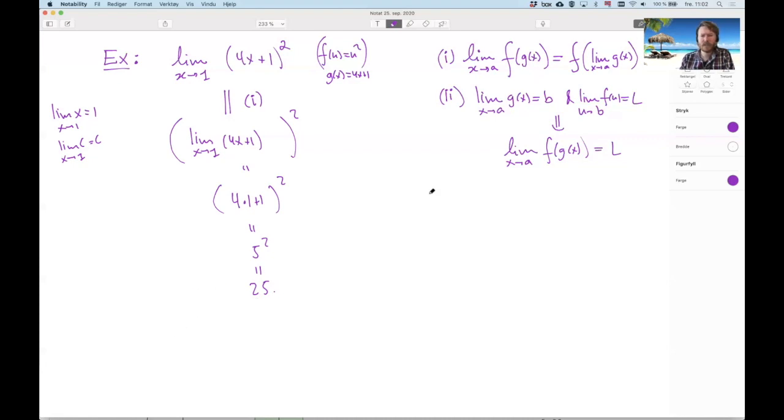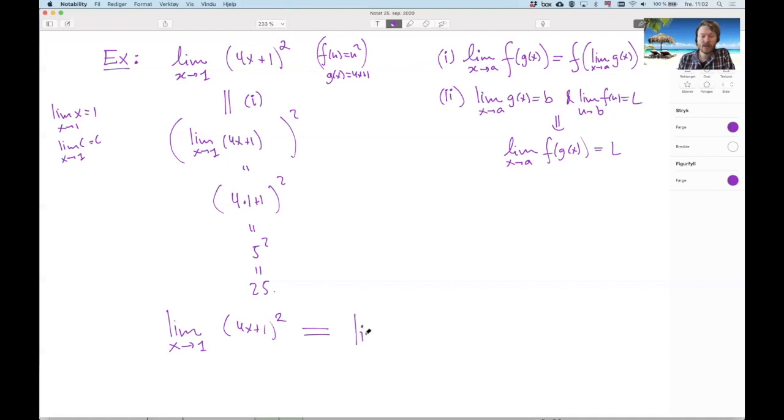What would another way be? Well, let's try to use this thing here. So we're still trying to compute the limit as x tends towards 1 of 4x plus 1, squared. But now we want to do basically a change of variables here. So up here we thought of this as compositions, and now we want to think of this as a change of variable.